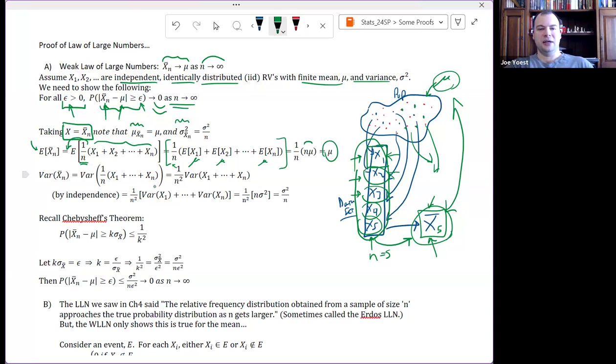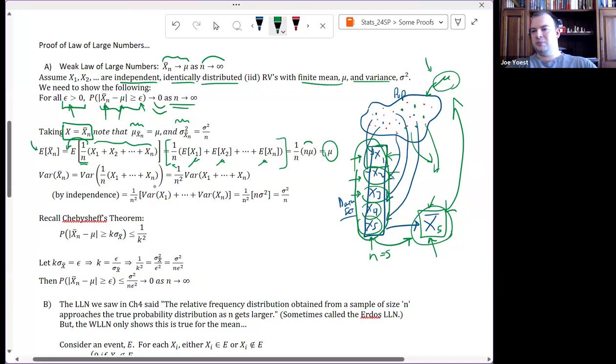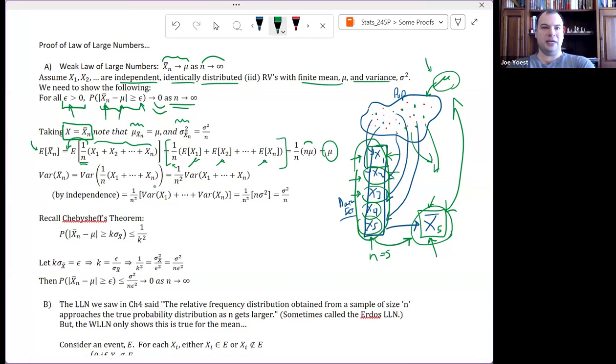That actually shows that x bar is an unbiased estimator of mu. On average, when I compute x bar for this data set, then take another random sample and compute it for that data set, and then yet another random sample, if I average all of those different x bars together, I should get mu. So the average of the averages is the population mean. That, I think, makes sense.